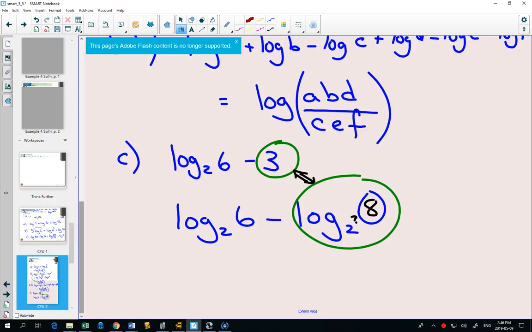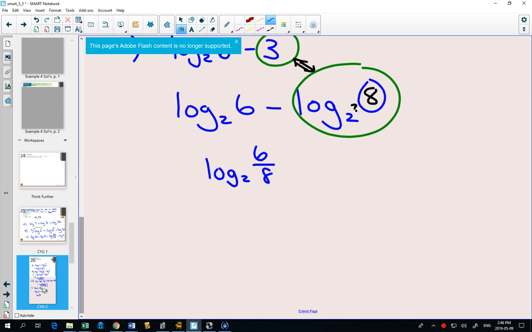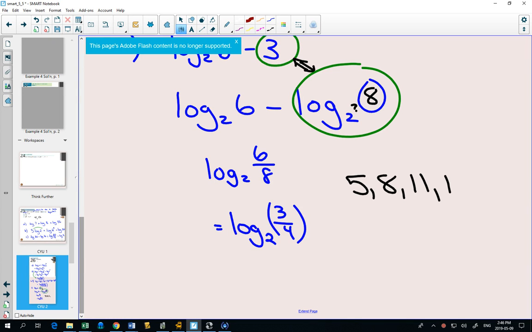And now I'm subtracting with the same base, so I can divide. If I wanted to, I could simplify to log 2 of 3 over 4. Okay, try those questions.